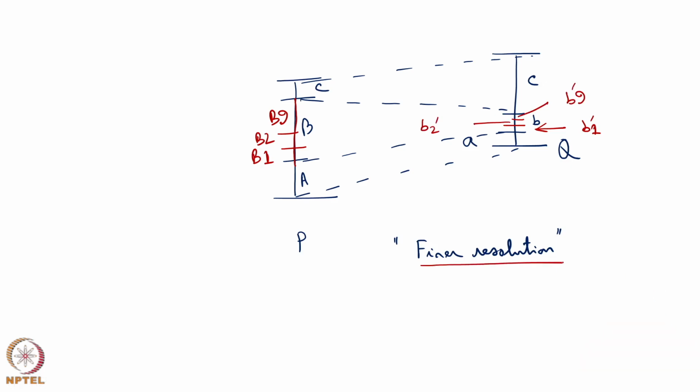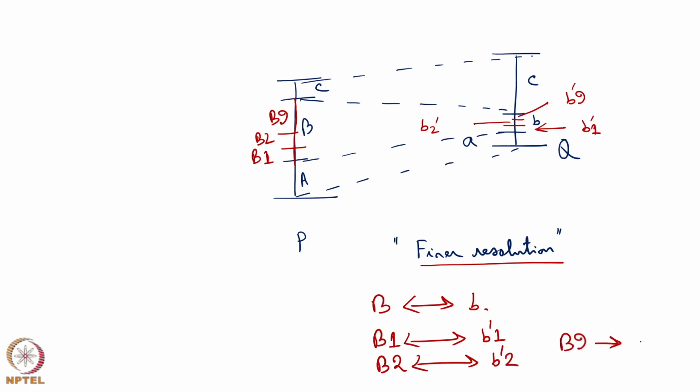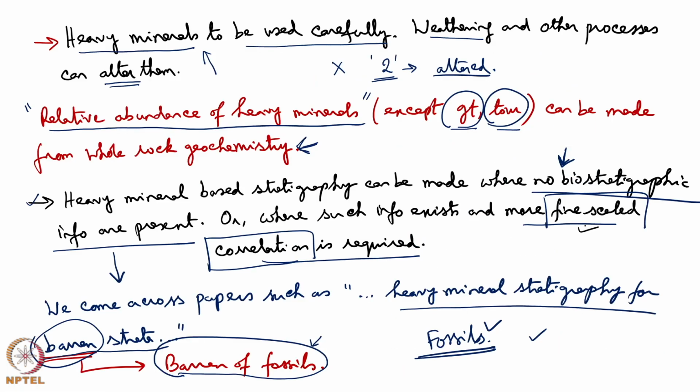The meaning of finer resolution is that what was earlier broadly correlated capital B with small b, now B1 is correlated with small b dash 1 and B2 is correlated with small b dash 2, B9 is correlated with small b dash 9. So, we have explained the meaning of the fine scale correlation.